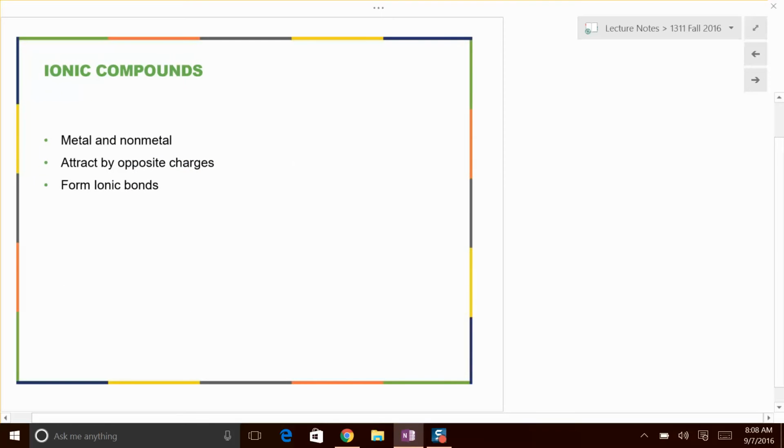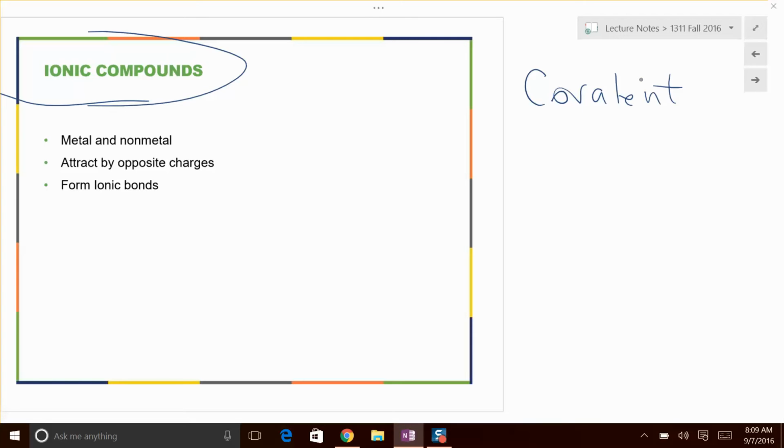Okay, so let's talk about compounds then. There are different types of compounds. We have ionic compounds, and we have covalent compounds. So how do we define an ionic compound?